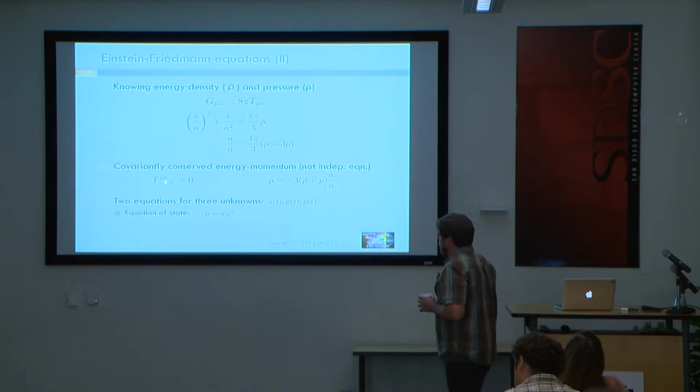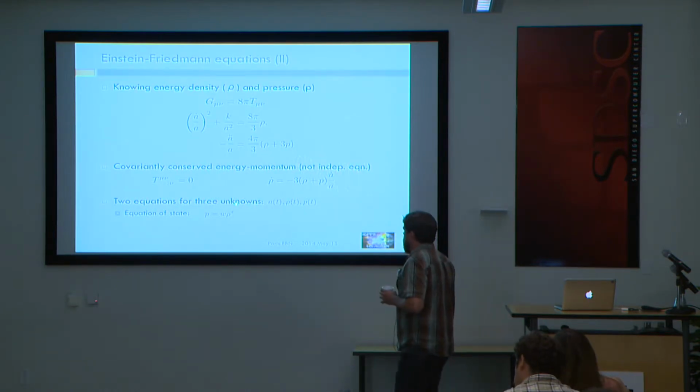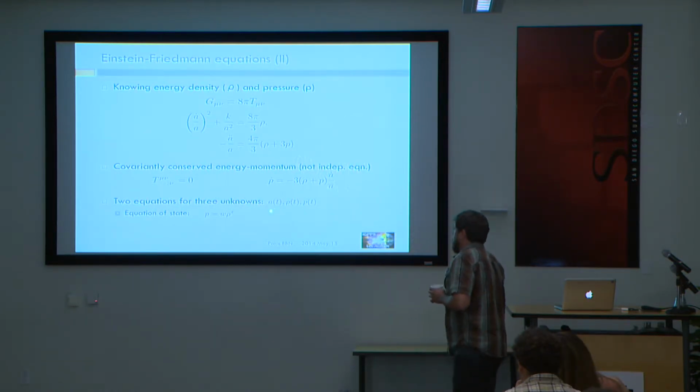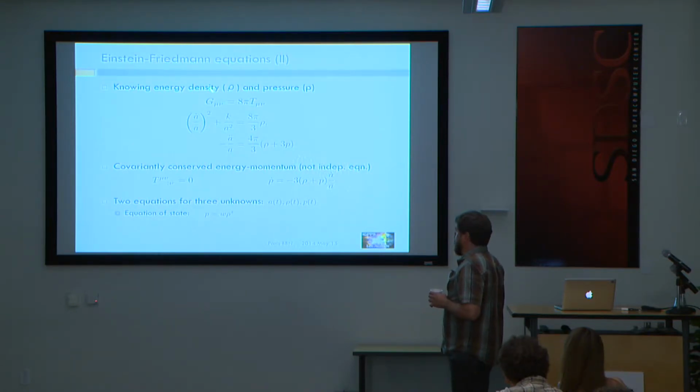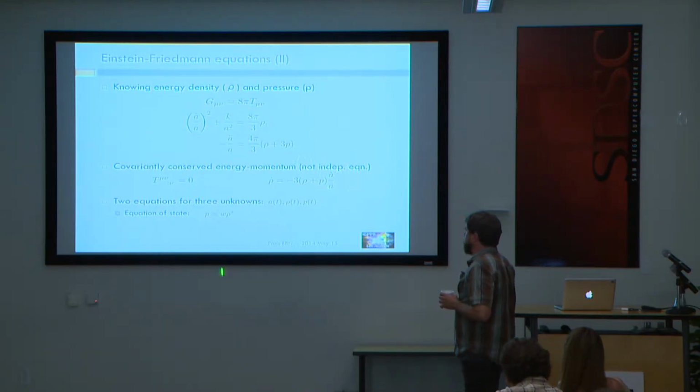Like I said, you have covariantly conserved energy momentum. I should say that the covariant conservation of the energy momentum is already built into these two equations, which I haven't used yet. That's because of the Bianchi identity in the Einstein tensor.